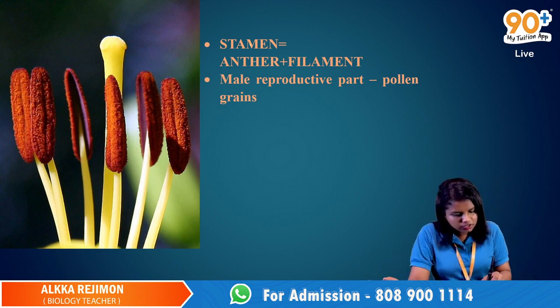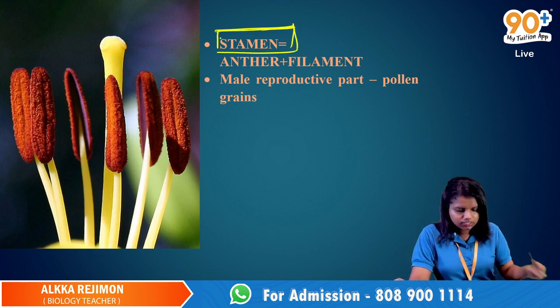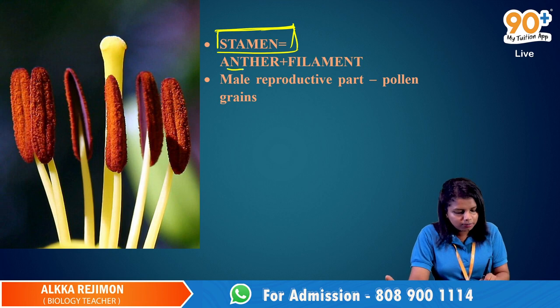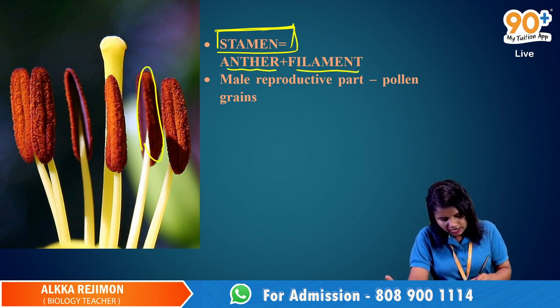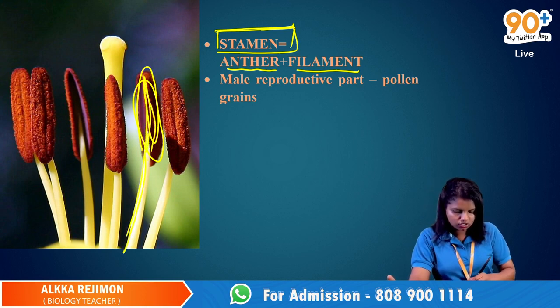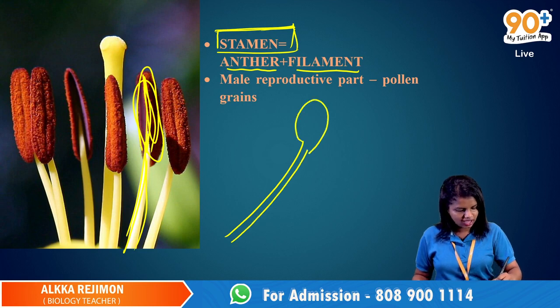And stamen is the male part. Stamen is the part which is made up of an anther and a filament. So here you can see this entire bulb-like red portion is the anther, and that stalk is called the filament. ഒരു സ്റ്റോക്കും കാണും, ആ സ്റ്റോക്കിന്റെ അറ്റത്ത് ഒരു ആന്തറും കാണും.